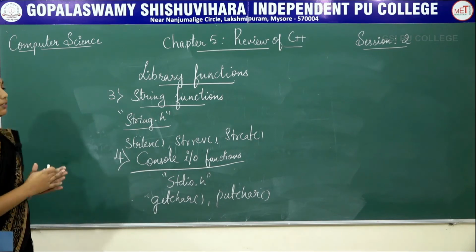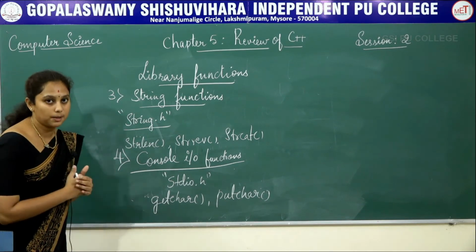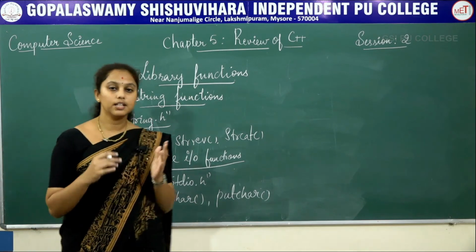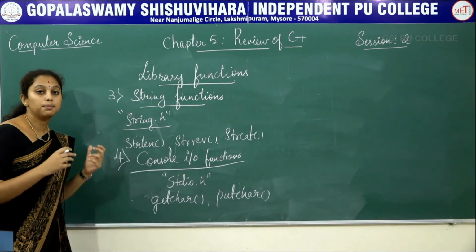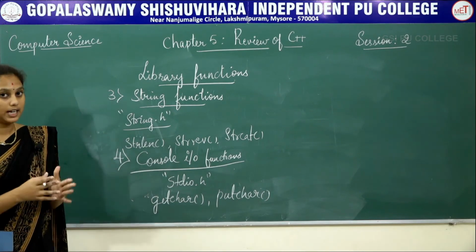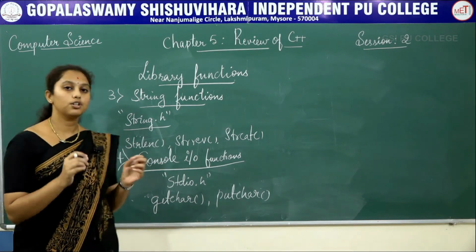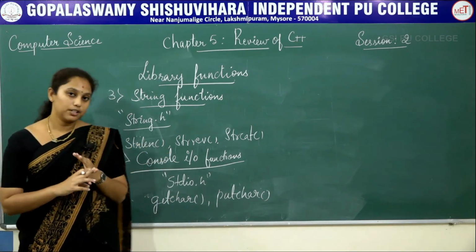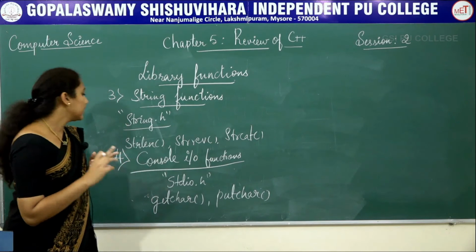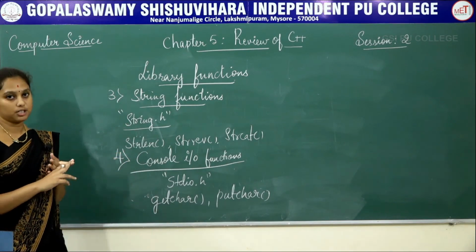So this is all about library functions and their types. In library functions there are 4 types: mathematical functions, character functions, string functions and console input output functions.